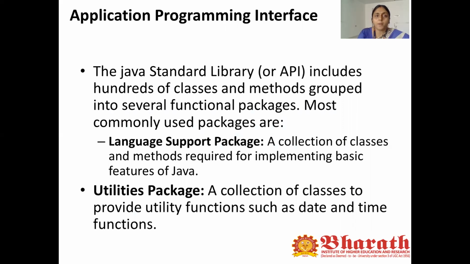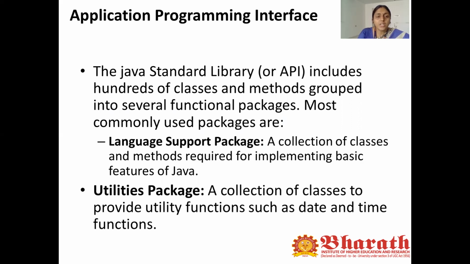And now we will see about the application programming interface, through which the user interacts with the backend. The Java Standard Library or API includes hundreds of classes and methods which are grouped into several functional packages. The most commonly used packages are the language support package, a collection of classes and methods required for implementing basic features of Java.